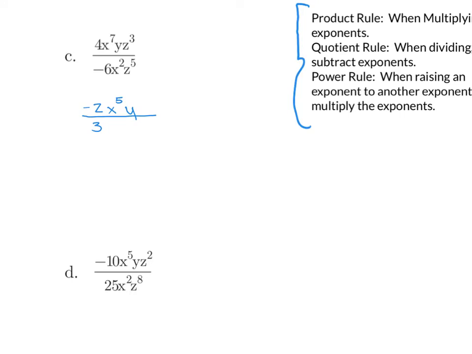And now for our z's, we have z cubed over z to the 5th. If I have 3 z's on top and 5 z's on bottom, I can cancel out 3 of them, and I am left with z squared on the bottom, or 5 minus 3.